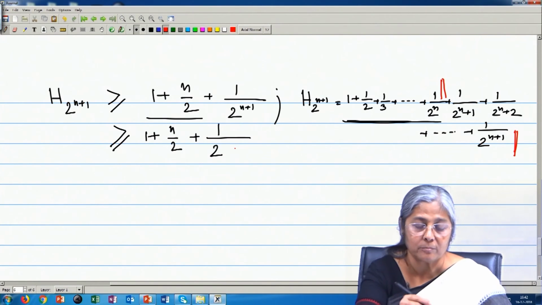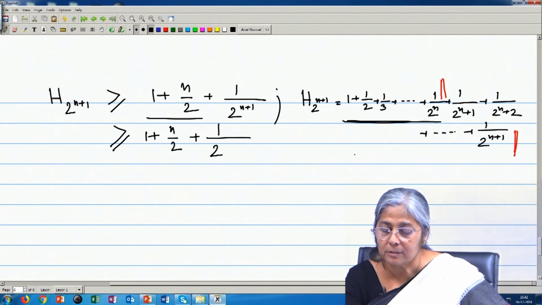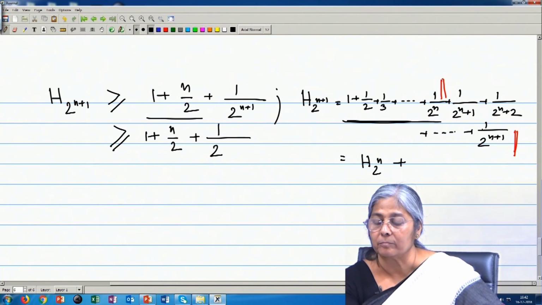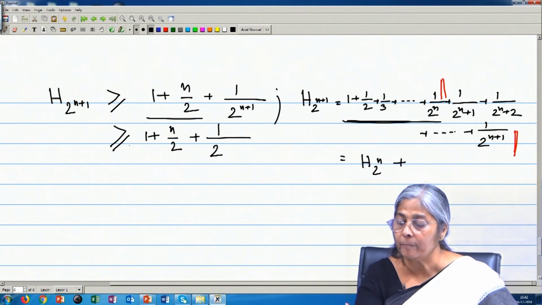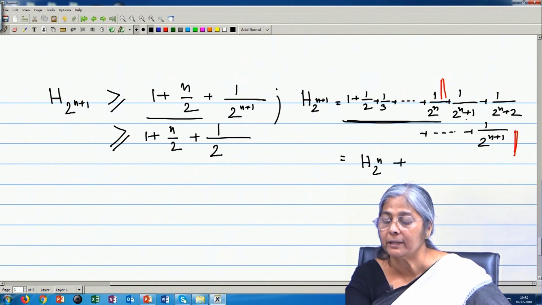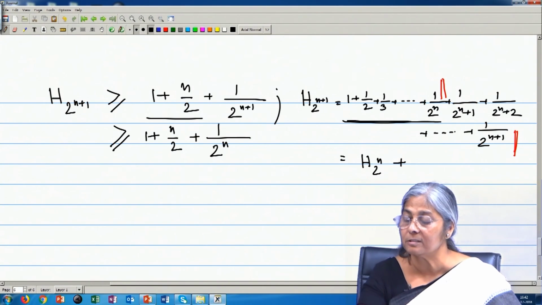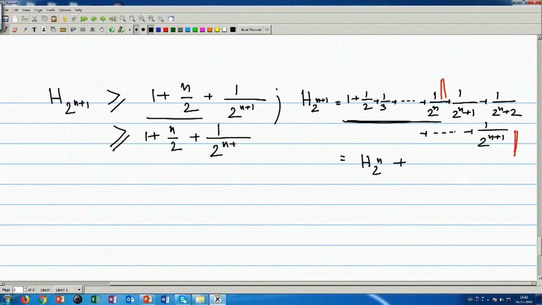Now, what are these terms? Since the last one is the lowest term, when I am taking greater than or equal to, I can replace each term by 1 by 2 to the power n plus 1. So, how many terms are there?